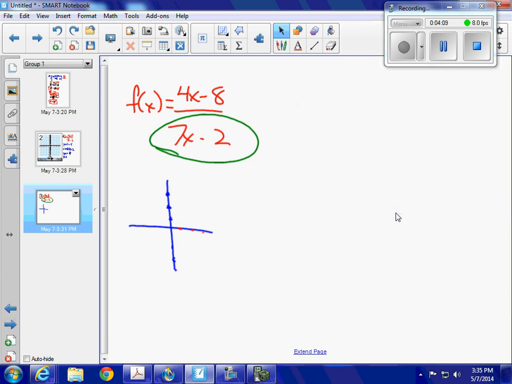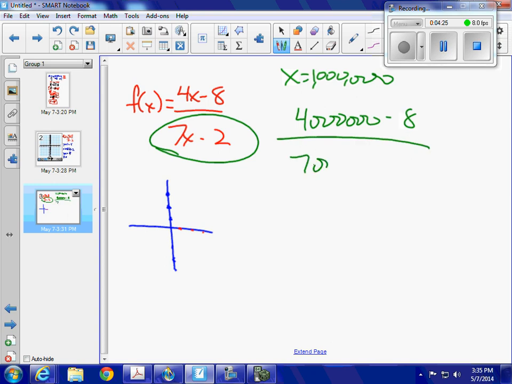So if x was equal to 1,000,000, which is a pretty big number, but not that much next to infinity, I'd have 4,000,000 minus 8 divided by 7,000,000 minus 2. You can see with the size of these numbers, the 8 and the 2 are really not that important in this calculation.